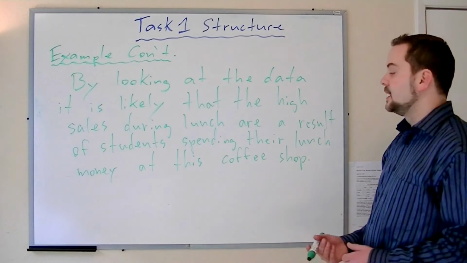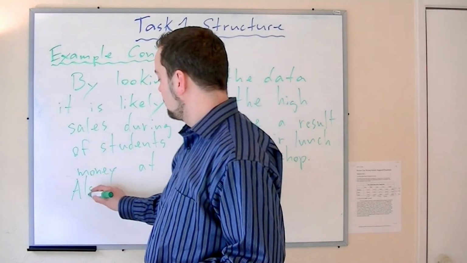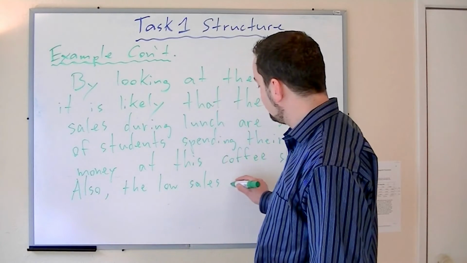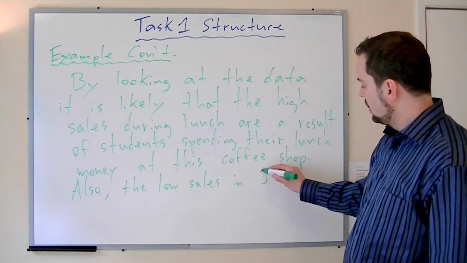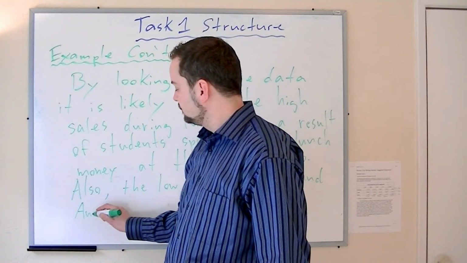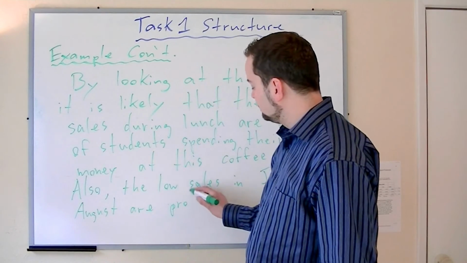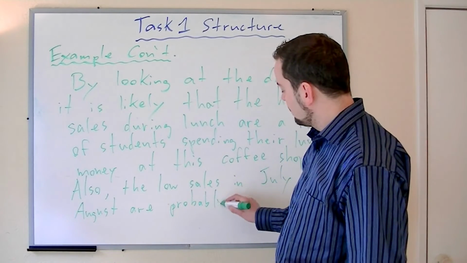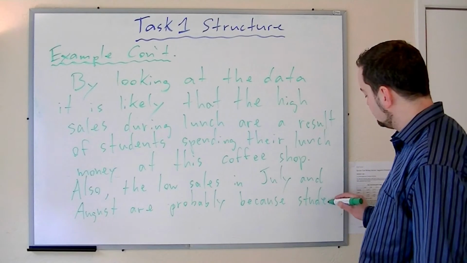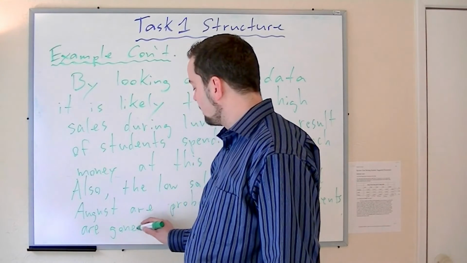And then we'll finish it with one last sentence about the summer months. So also, sales in July and August are probably low because students are gone for summer vacation.